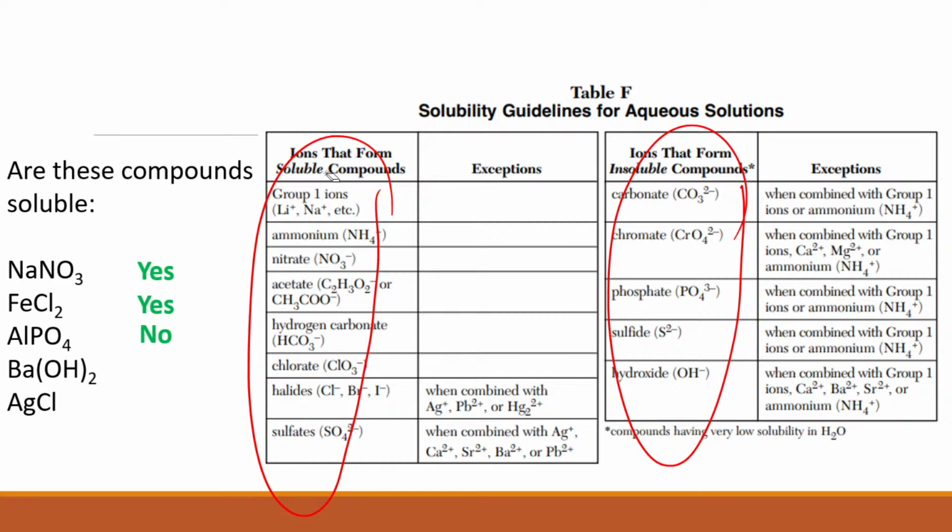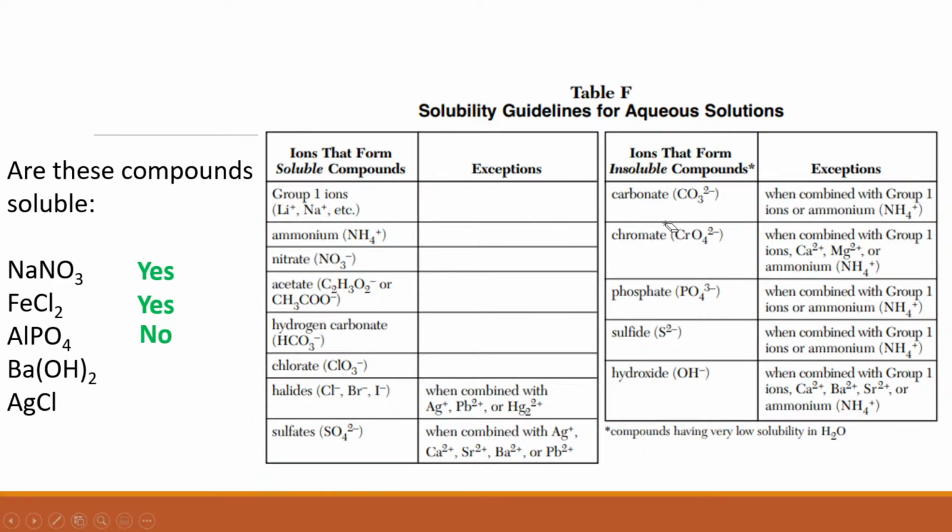Right, barium doesn't show up in the main columns, but hydroxide does. Hydroxide is normally insoluble, but what's that? Barium is an exception. So what would normally be insoluble is paired with an exception that would make it now soluble. Right, doing the opposite of what it would normally do.